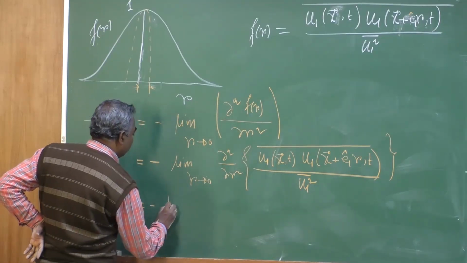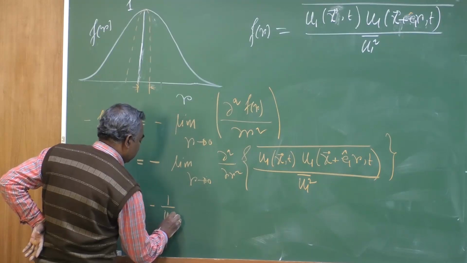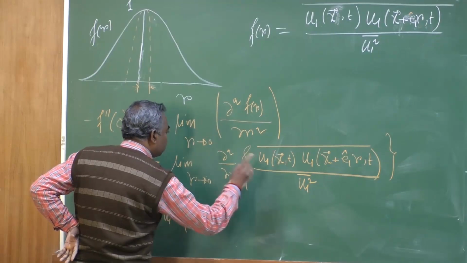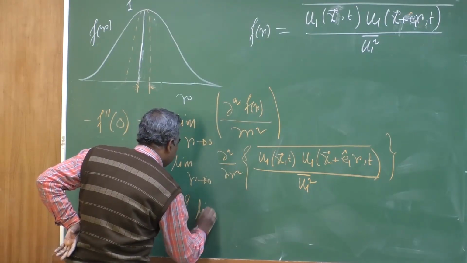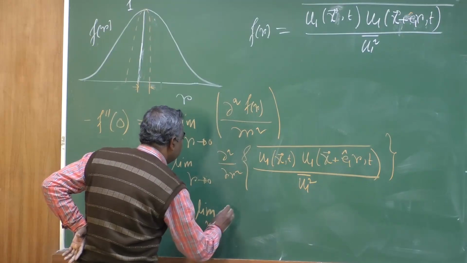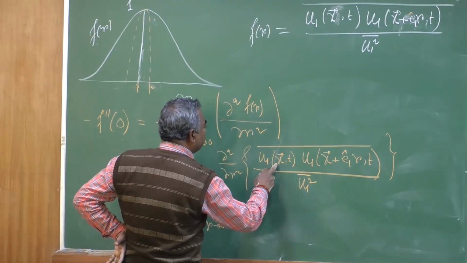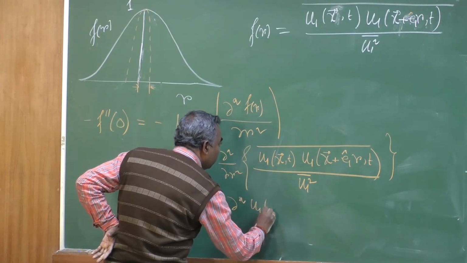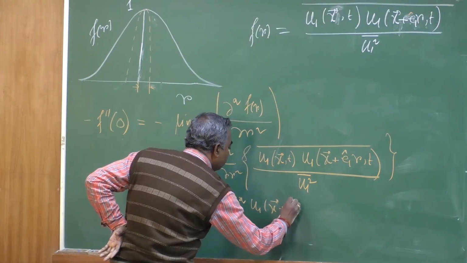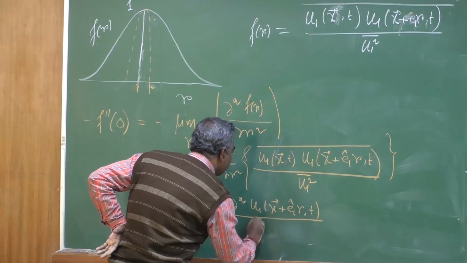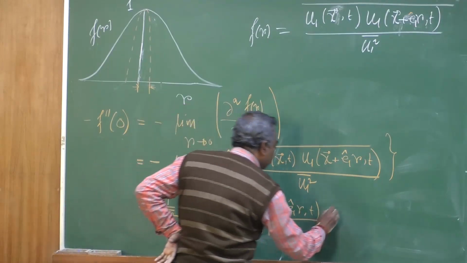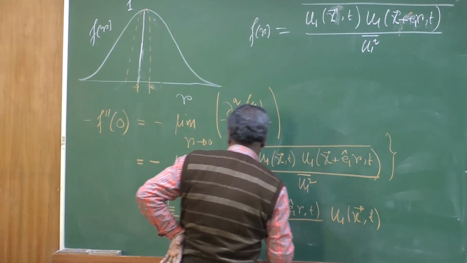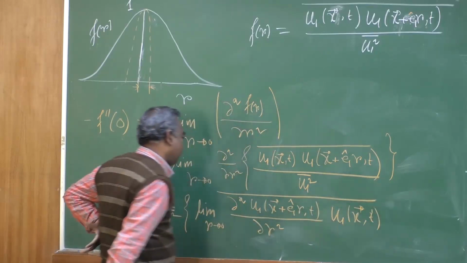We can write this as minus 1 over u_1 square bar, taken out, times the limit r tends to 0 of the second derivative of u_1(x + r u_1, t) with respect to r squared, times u_1(x, t) bar.